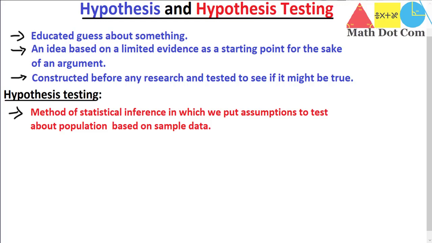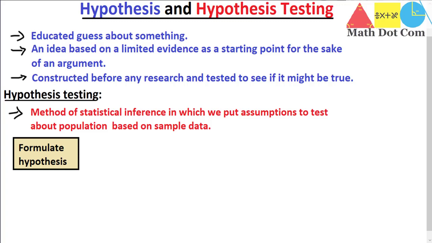So let's see the flowchart of the hypothesis testing, how it goes on. In hypothesis testing, first of all, we formulate the hypothesis based on limited evidence or limited knowledge that we are going to prove or investigate in our research. On the basis of that, we formulate the hypothesis.